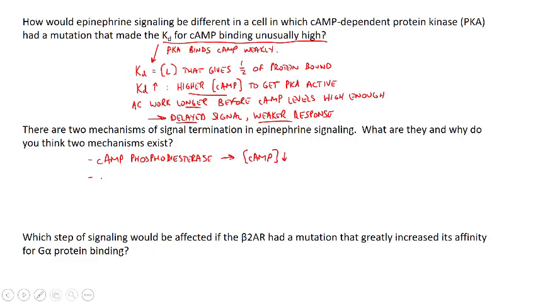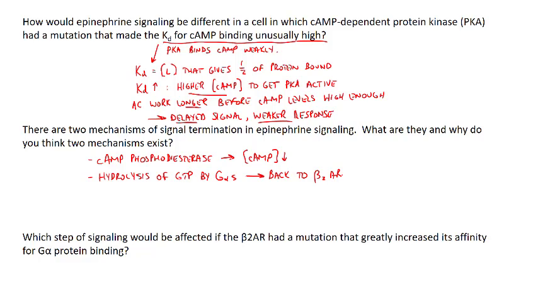And the other one that we said is hydrolysis of GTP by G-alpha S. And once it hydrolyzes GTP, it returns to the beta-2 adrenergic receptor. And so those are our two main mechanisms of signal termination.